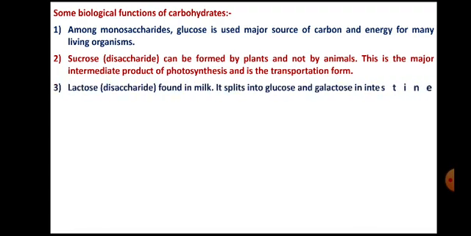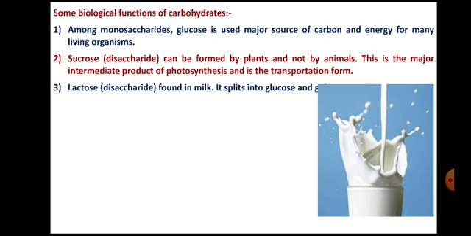Third example, a disaccharide, is lactose. Lactose is a disaccharide sugar which is abundantly found in milk. It is composed of glucose and galactose. Lactose also serves as a source of carbon and energy, because whenever it is metabolized by cells, it is degraded into glucose and galactose.